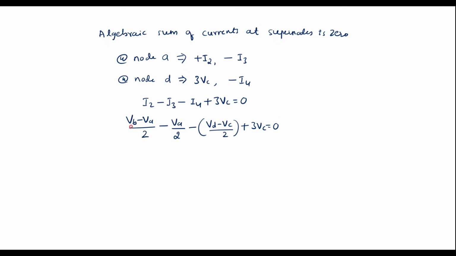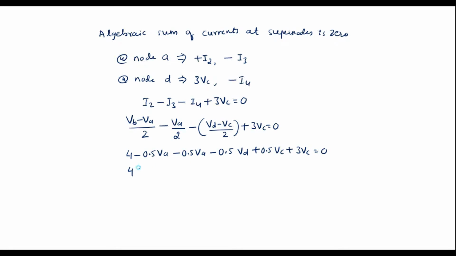Let me simplify this. Here Vb is nothing but 8. 8 by 2 is 4, minus Va by 2, that is minus 0.5 Va, minus 0.5 Va. Here it is Vd by 2, that is minus 0.5 Vd, and minus minus plus Vc by 2, that is 0.5 Vc, and here it is plus 3 Vc is equal to 0.